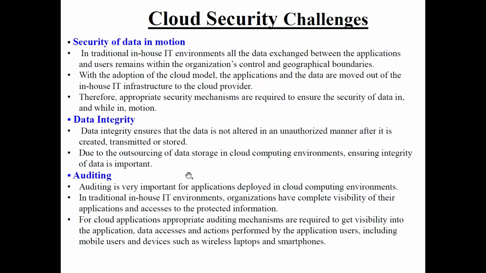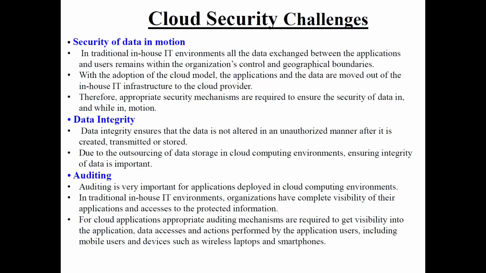Finally, auditing. Auditing is very important for applications deployed in cloud computing environments. When the infrastructure is on the premises, that is, for traditional in-house IT environments, organizations have complete visibility of their application and access to protected information.